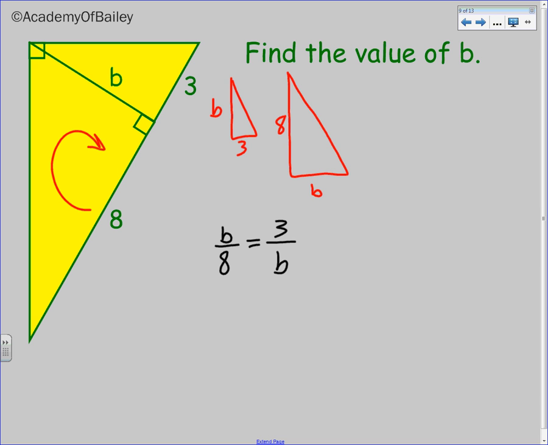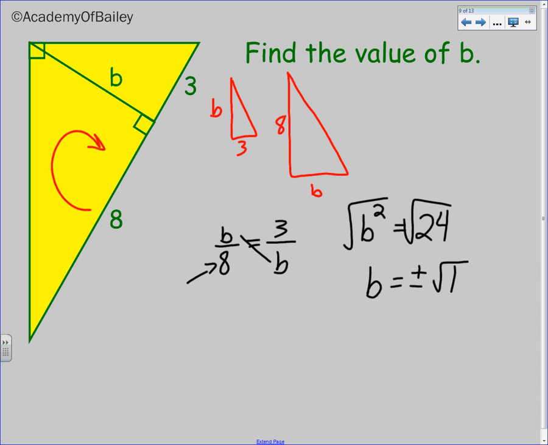That leaves us B times B is B squared, and 8 times 3 is 24. Now remember, there is a perfect square that goes into 24, so when we take the square root of both sides, B is equal to the square root of 24 breaks down into, what's the perfect square that goes into 24? Square root of 4.